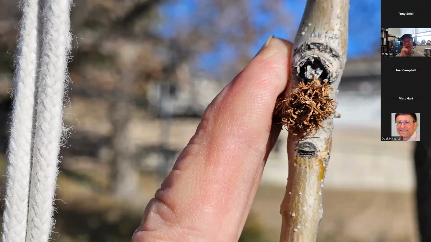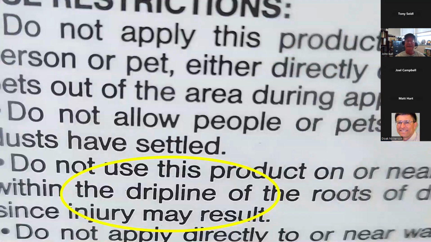Look at this ash here again that has all the distortions on that. Well, it showed up after they had applied their fertilizer, which again was a weed and feed product. And it said right on the label, I still had the product, it says right here, don't use this product within the drip line of any roots of desirable trees. Injury may result, but I have a problem with drip line.